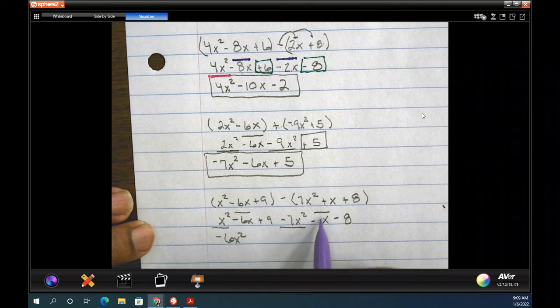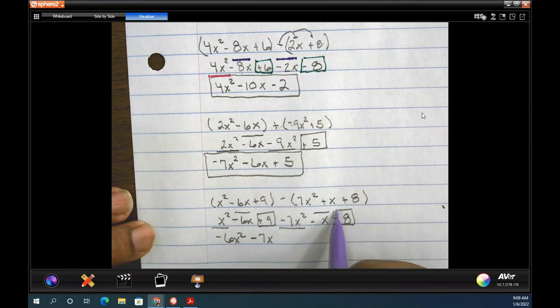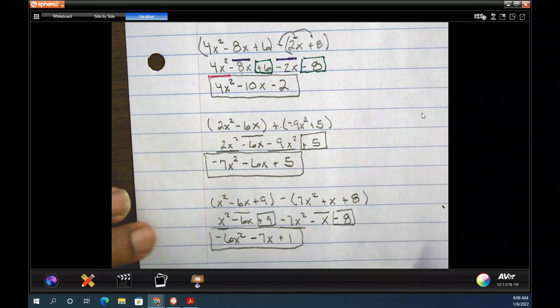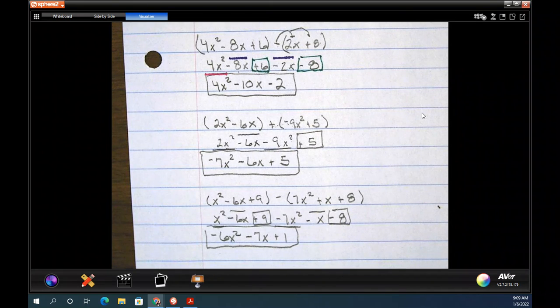That's negative 1. Negative 6 minus 1 is negative 7. So it's minus 7x. Then you had 9 minus 8, which is just 1, and it's positive. How do we do on those? We good? Y'all need to see another one?